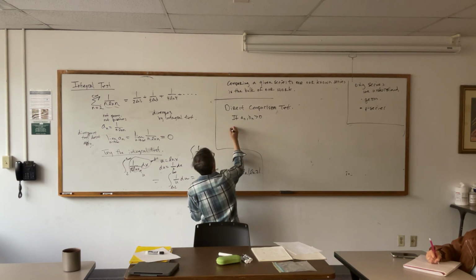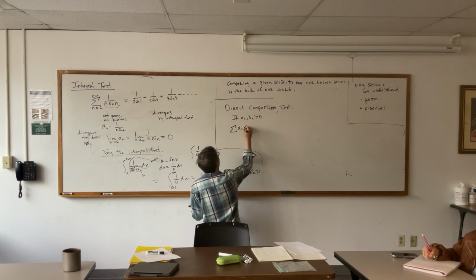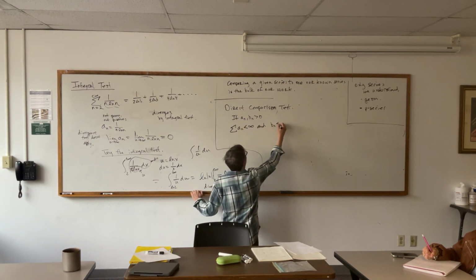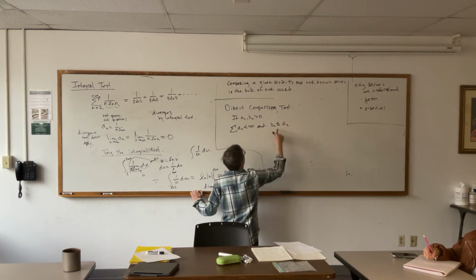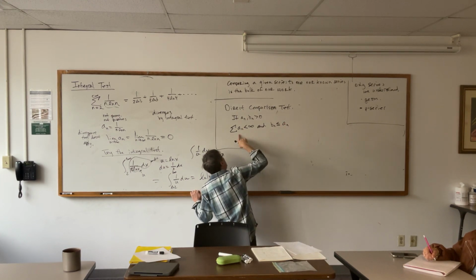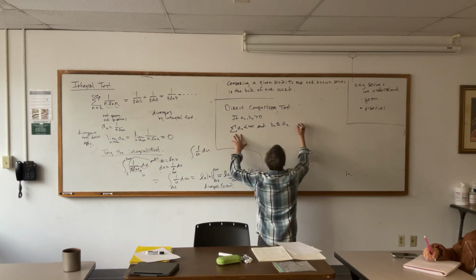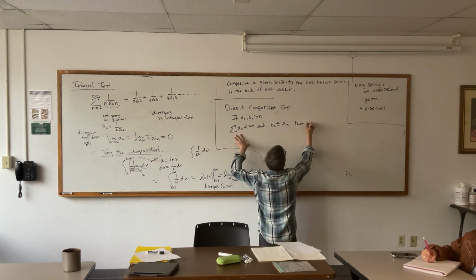So if this is the case, then if this thing converges and this B series is bounded above by this one, in other words, the sum I'm about to write is underneath this one, then it converges.